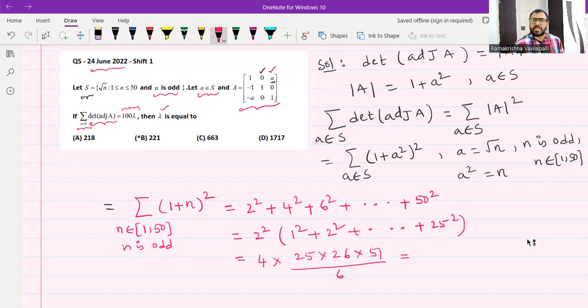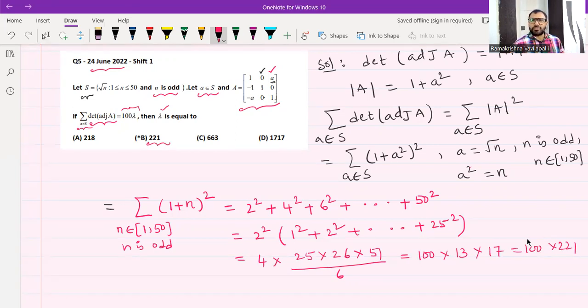So you will get 25 into 400 into, this is 13 into 17. So you will get 100 into 221. So lambda value is 221.